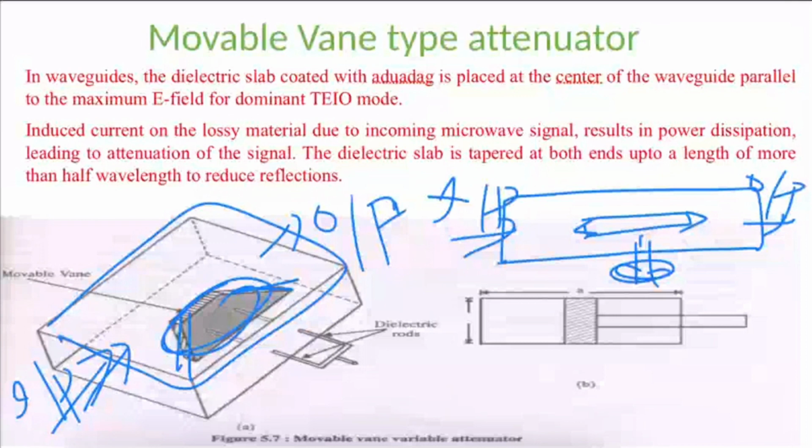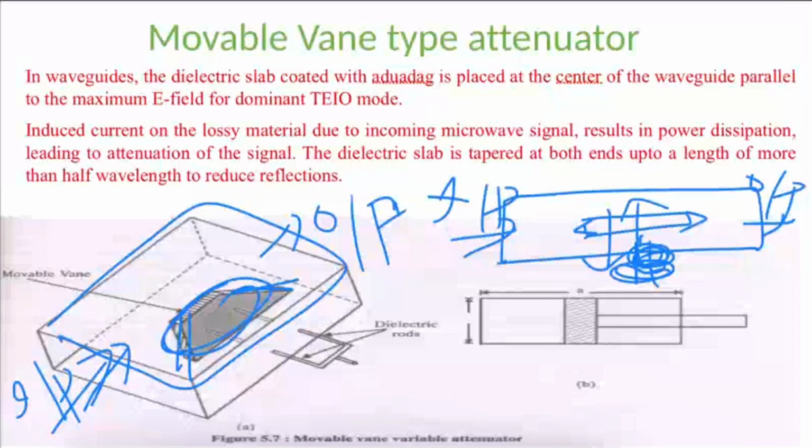Whenever the knob is rotated in the clockwise direction, the resistive film moves inwards. In the same way, whenever you move the knob in the anti-clockwise direction, the resistive film comes outward. Whenever this resistive film goes inward, then maximum power is absorbed.